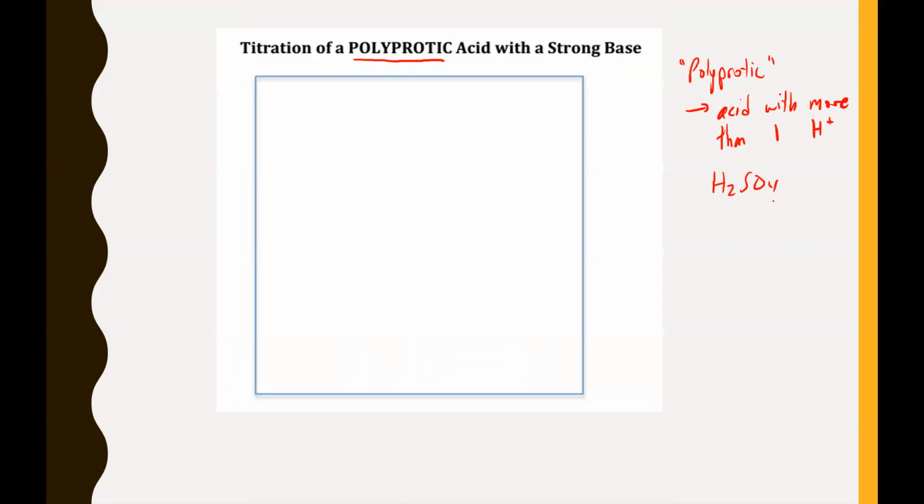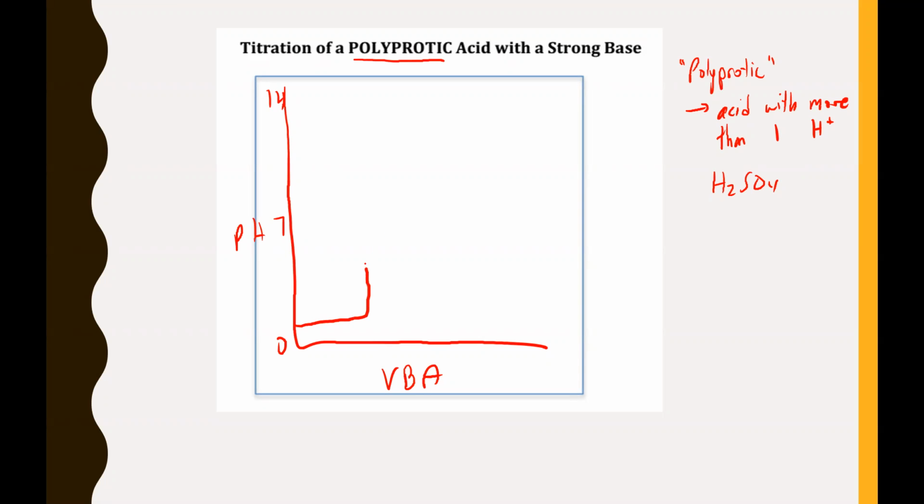So in other words, you'll actually have two equivalence points. If we're going to draw our chart once again, volume of base added, pH 0, 7, 14. This one will look more like this. You'll have a low pH, and then it'll shoot up suddenly, but then it'll flatline right here, and then it'll shoot up again, right?